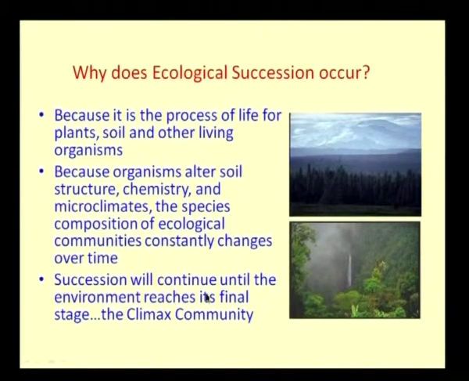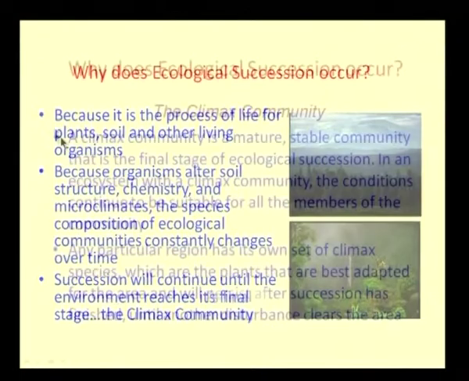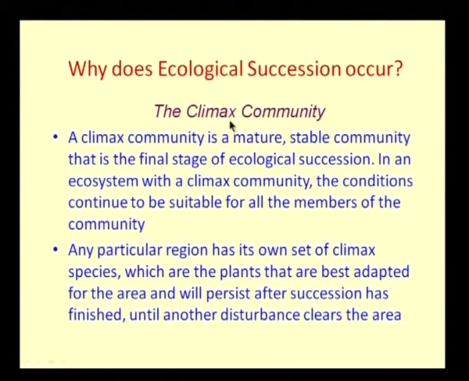Succession will continue until the environment reaches its final stage, which is the climax community. Here there are some pictures of different ecosystem types shown. You define a climax community as a mature, stable community that is the final stage of the ecological succession.